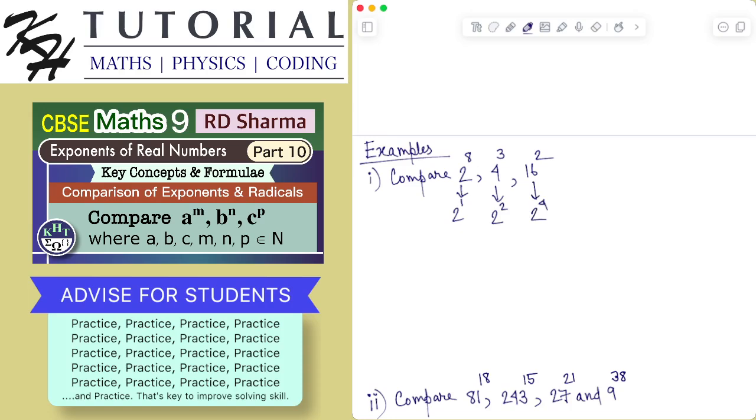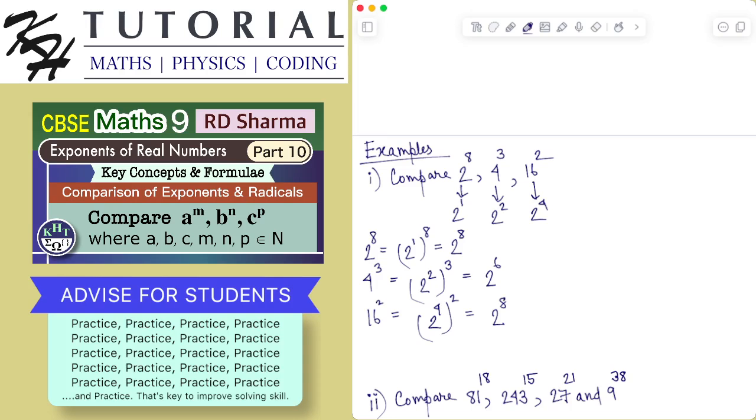So the number 2 to the power 8 is equal to 2 to the power 1 whole raised to the power 8, which is 2 to the power 8. 4 to the power 3 is equal to 2 squared whole raised to the power 3, which is equal to 2 to the power 6, and 16 squared is equal to 2 to the power 4, this whole squared, and this is equal to 2 to the power 8.